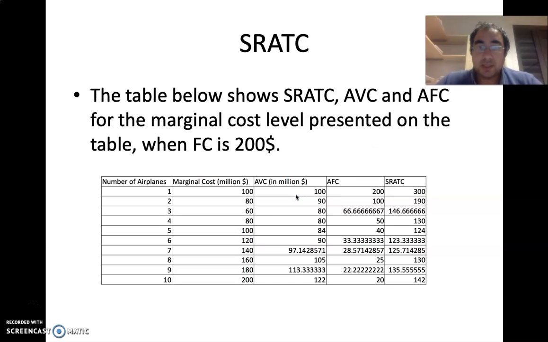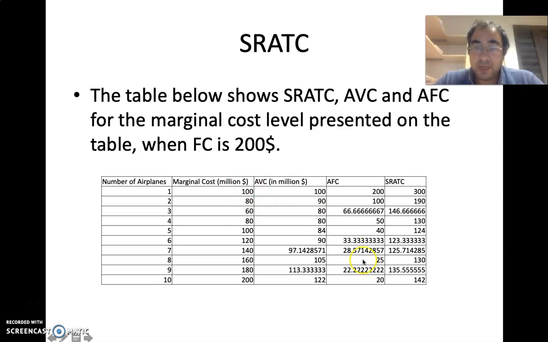The second characteristic is, as you see here, the basic thing that is true for average variable cost is also true for the short-run average total cost. When marginal cost is lower than the short-run average total cost, adding more units will decrease the short-run average total cost, since adding the additional units costs less than the average cost in this case.